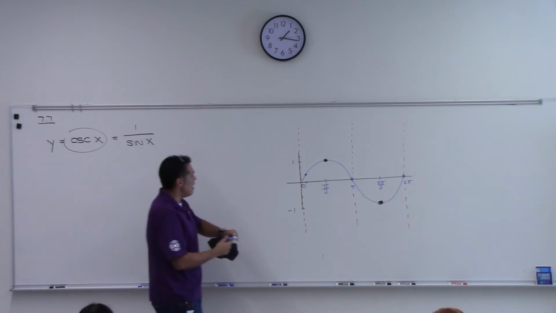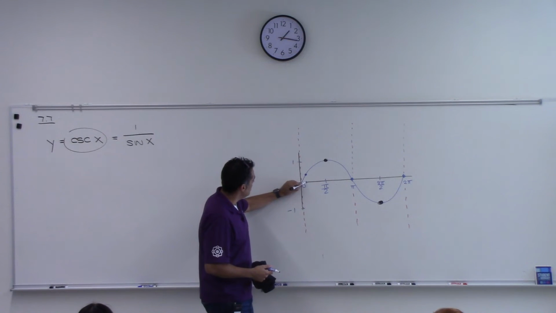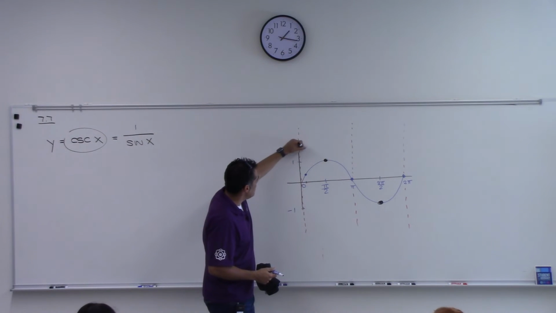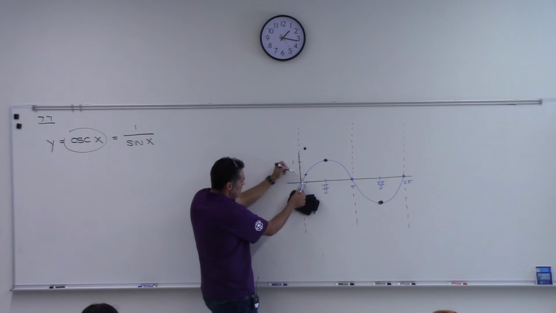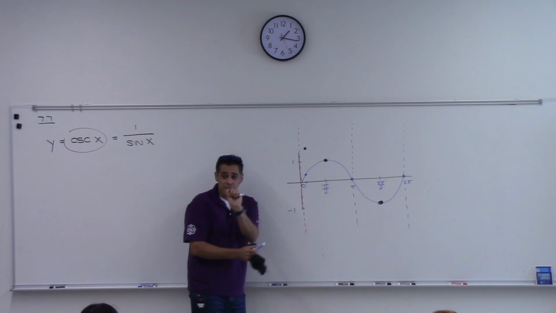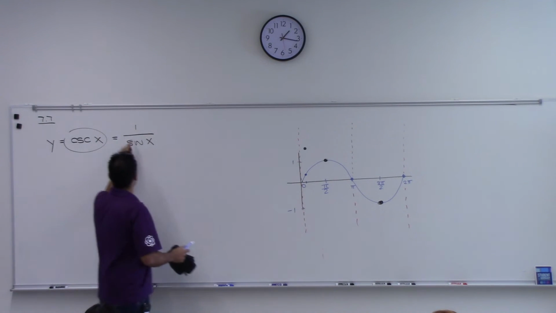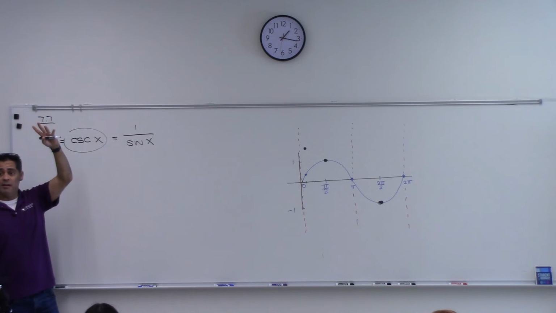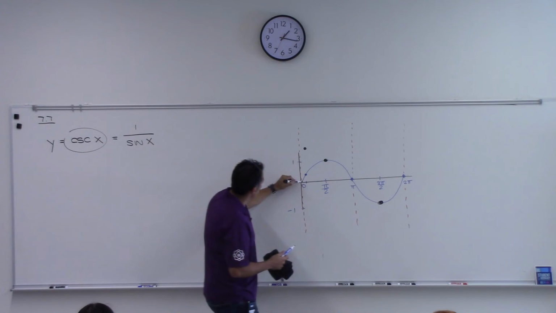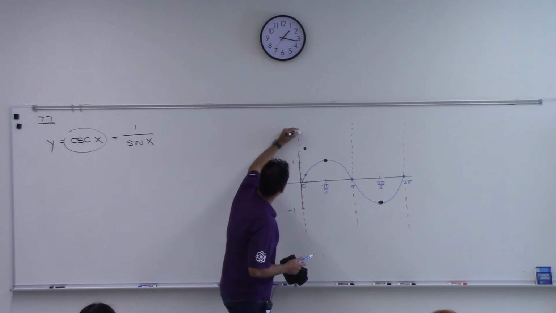So if I try to figure out what cosecant is doing here, it should be a number that's kind of big. And what happens if I get even closer? What if I take that point right there? That's a really small number, and 1 divided by a really small number should be even bigger. So now I have another point on my cosecant graph that's even taller.